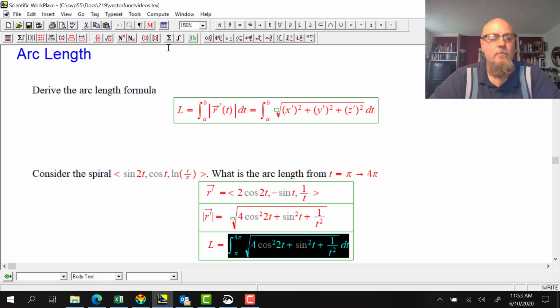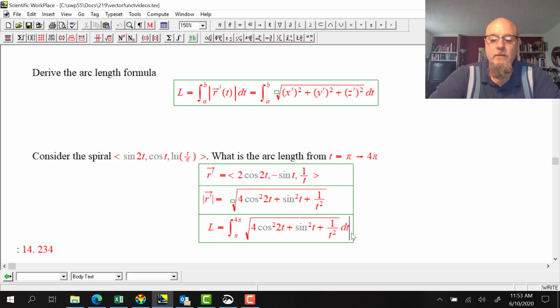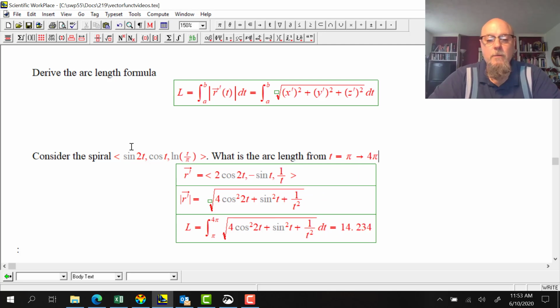I wonder if we can just ask the machine. Oh yeah, okay. It did Simpson's rule or something and it got 14. So the spiral from t equals pi to t equals 4 pi starts at the point, what point? Well, sine of 2 pi, cos of pi, ln of 1.